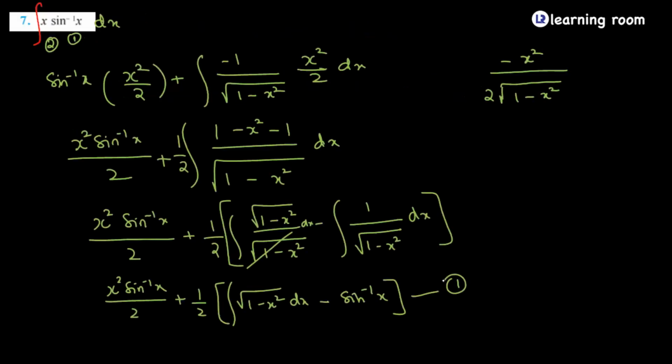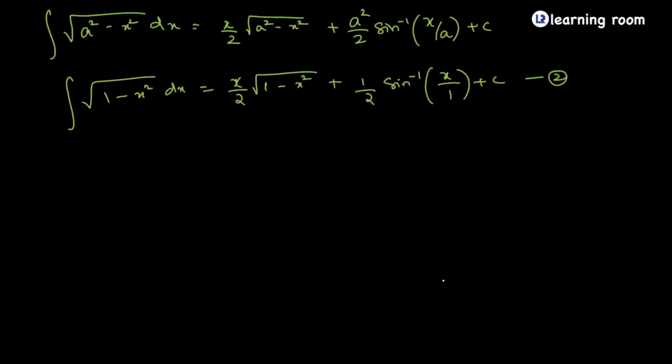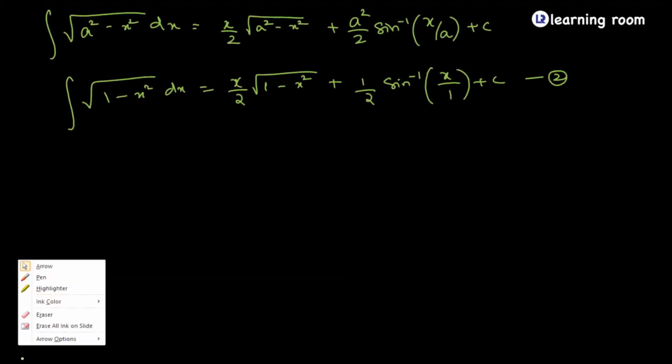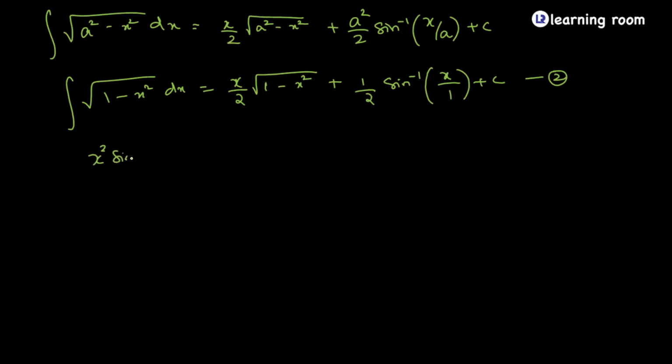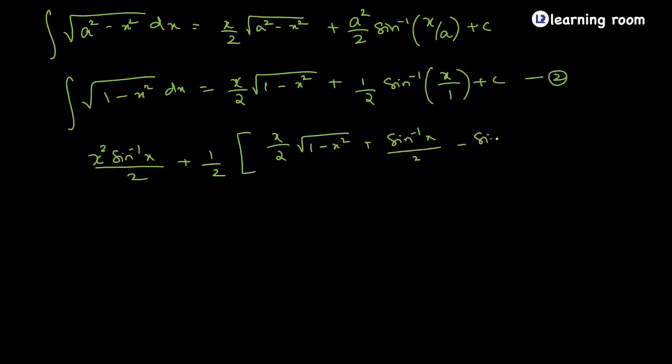So what are we supposed to do? It is going to be x square sine inverse x the whole divided by 2 plus half into this part, which is x by 2 into root of 1 minus x square plus sine inverse x the whole divided by 2, and you have minus sine inverse x.